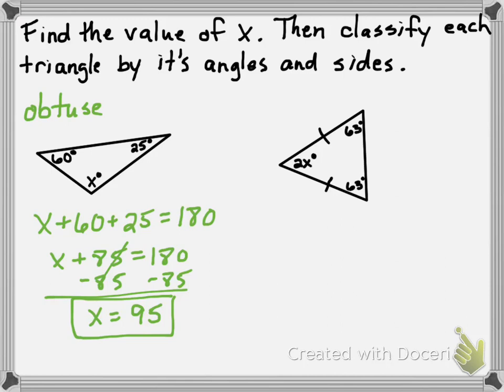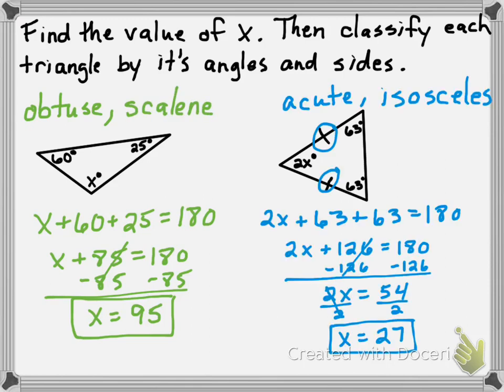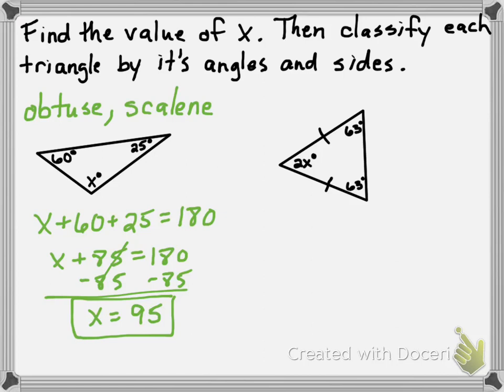I can't really tell if any of these sides are the same, but I know none of the angles are the same, and that tells me that none of the sides are the same. So if none of the sides are the same, then that also makes this a scalene triangle. So this is an obtuse scalene triangle.